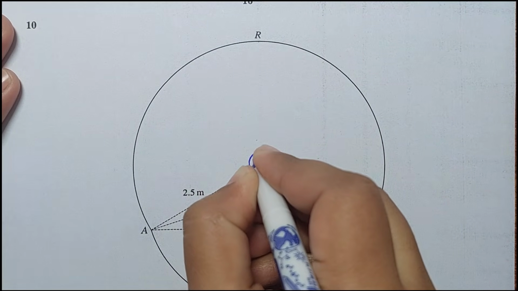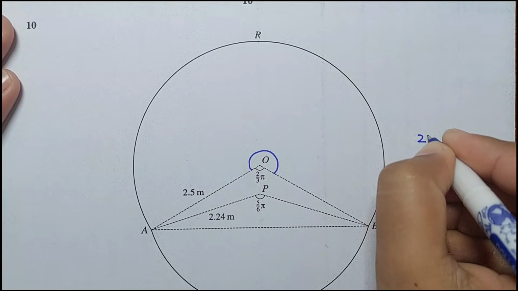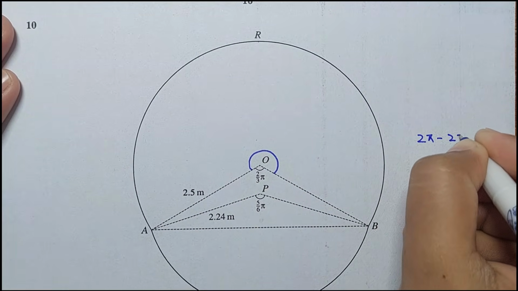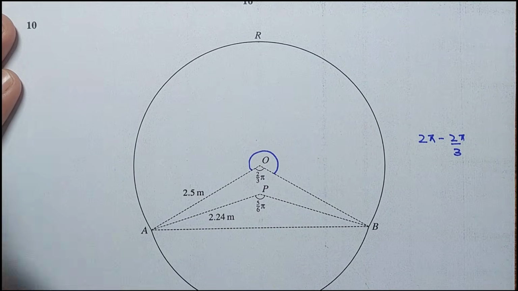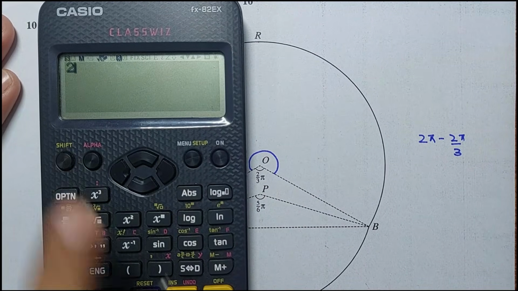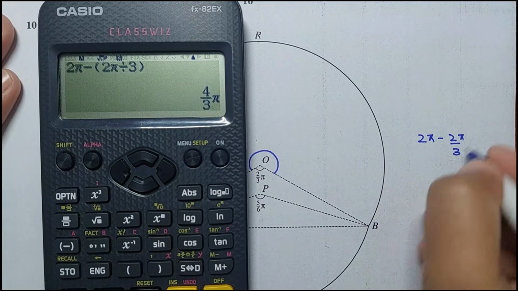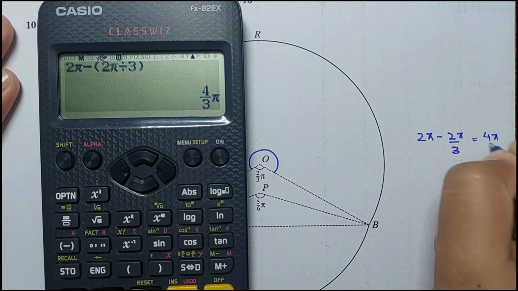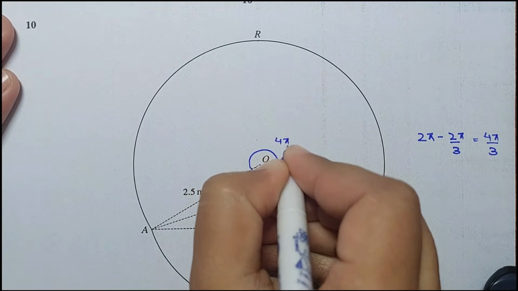So what is that angle? The whole circle is 2 pi. So from 2 pi, if you take away 2 pi over 3, you will get that angle, right? Let me simplify. 2 pi minus 2 pi by 3 is 4 pi by 3. This would be the angle over here.